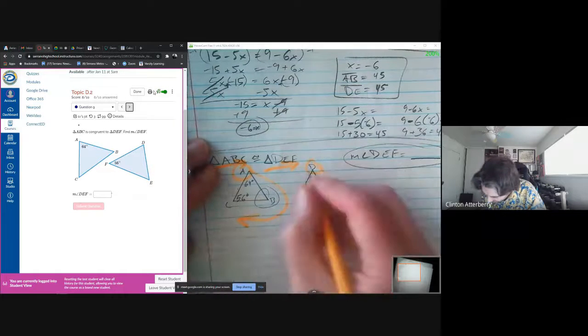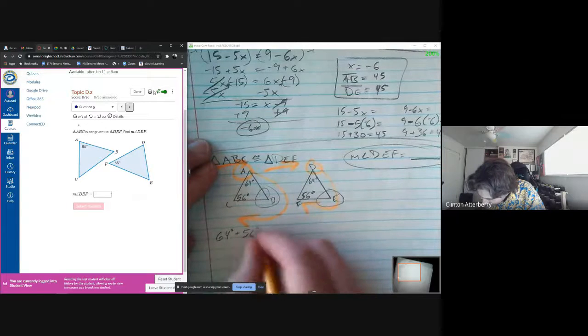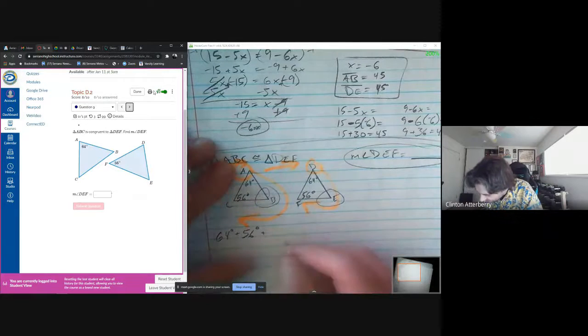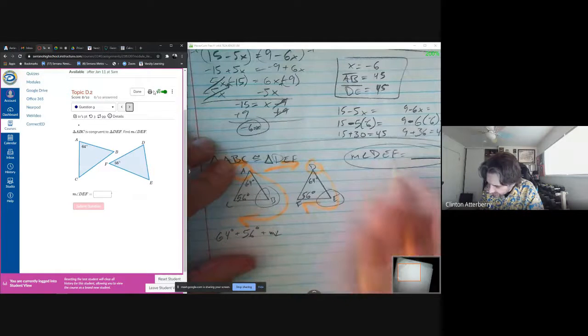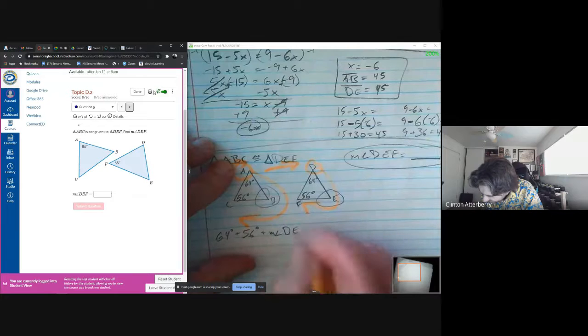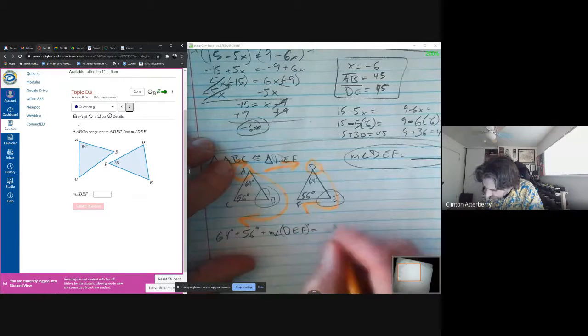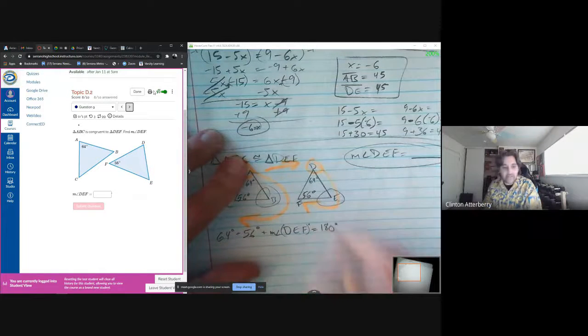So I'm going to say 64 plus 56 plus the measure of angle DEF degrees, that's going to equal 180 degrees.